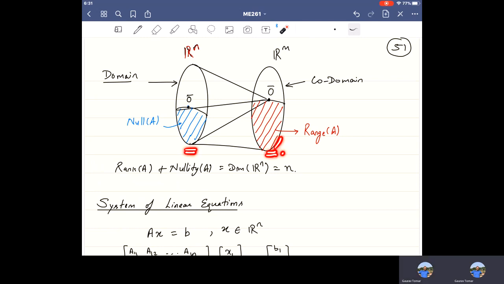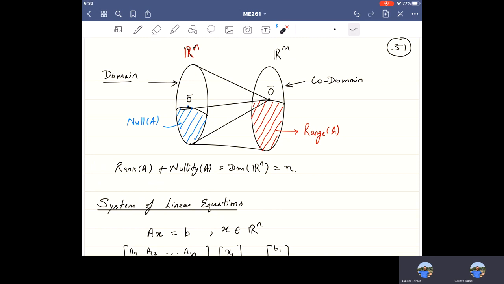The codomain is the entire thing here. And rank of A plus nullity of A, as we had seen earlier, will be equal to the dimension of Rn, which is n. So rank plus nullity is equal to n.